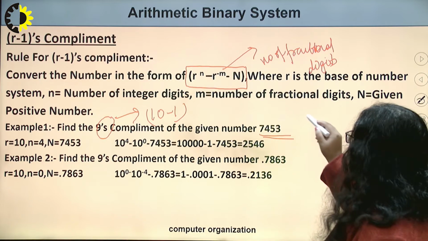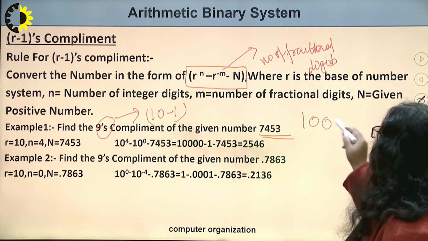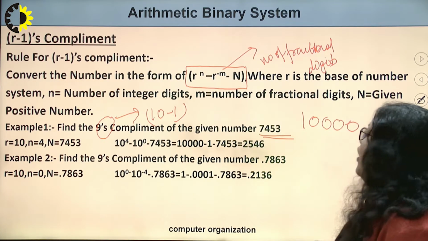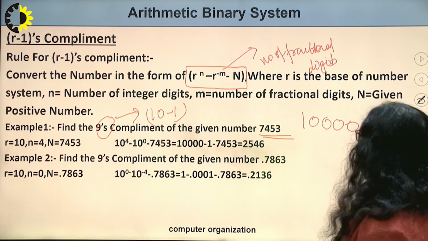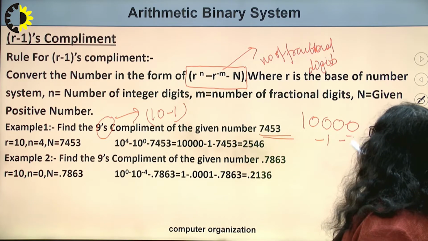So it is 1 followed by 4 zeros, minus 1, minus 7453.